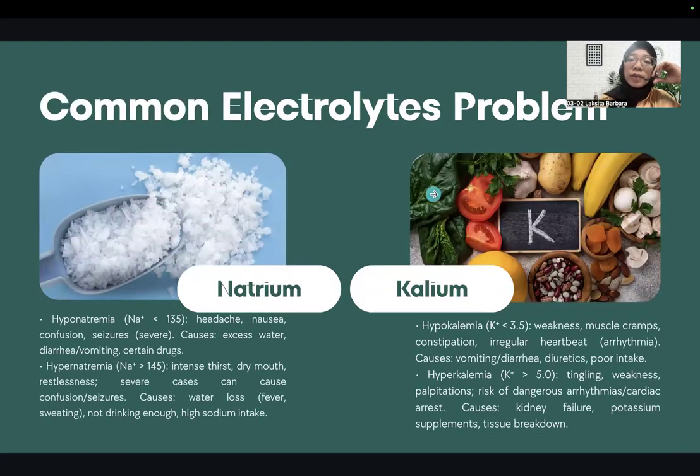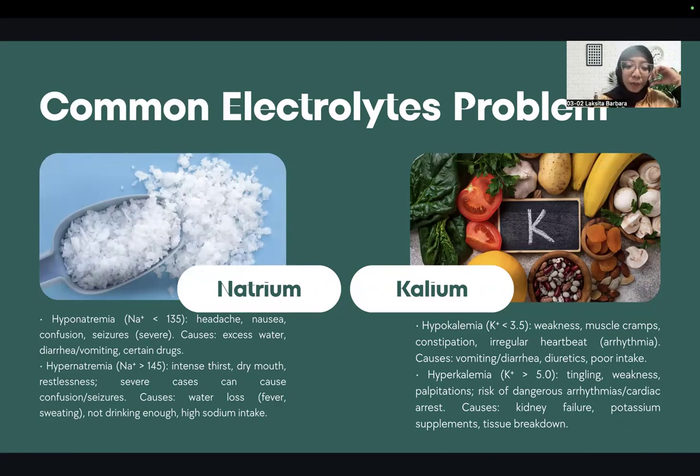There are also common problems in electrolyte balance. Natrium imbalance can be hyponatremia or hypernatremia. Hyponatremia can cause headache, nausea, confusion, and also seizure in a severe case.